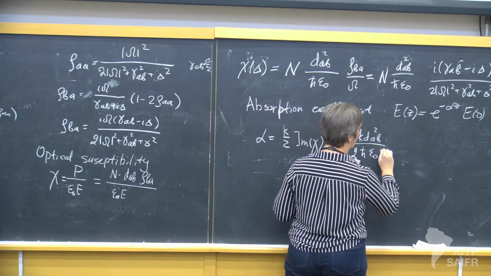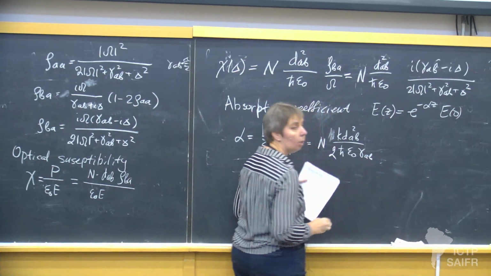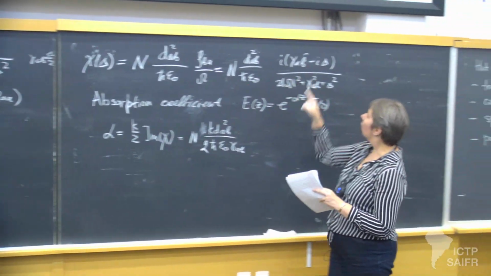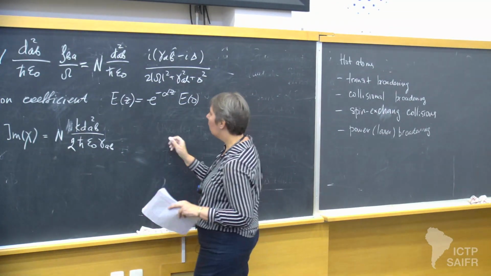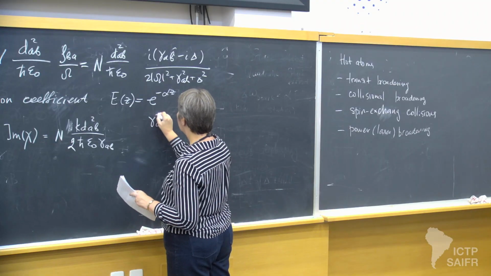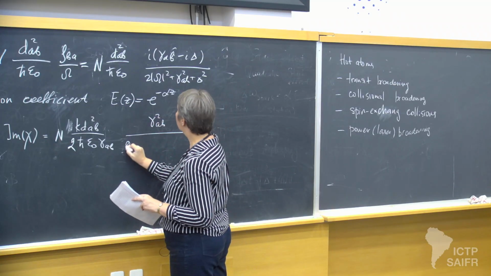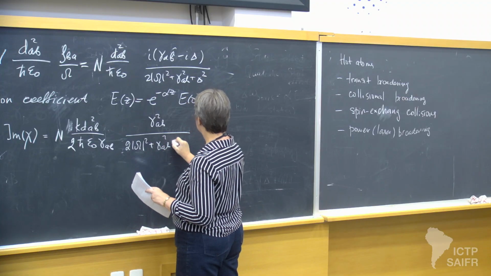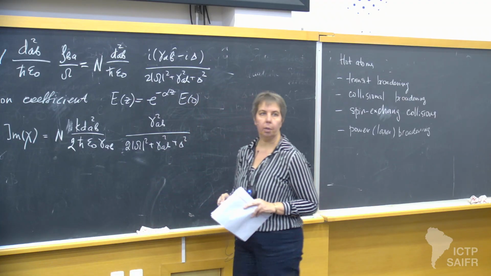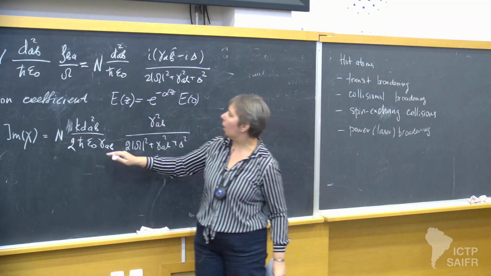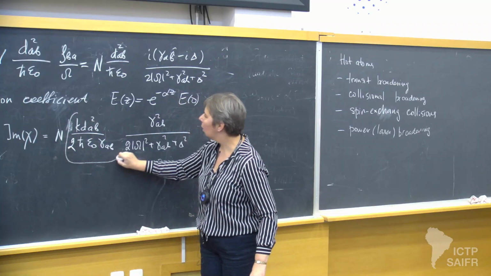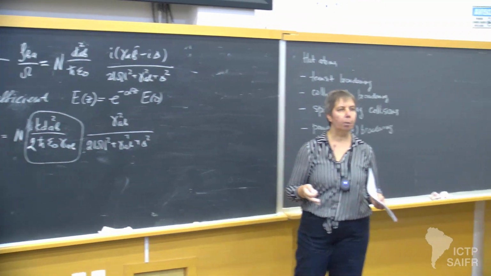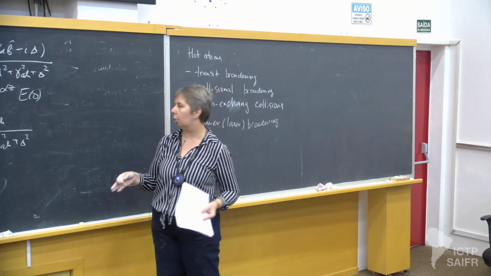Now I'm going to put an extra gamma AB on this side just to make this ratio unitless. So we'll have gamma AB squared divided by 2 omega squared plus gamma AB squared plus delta squared. As I said, all the parameters over here do not depend on our experimental parameters once we choose the transition.